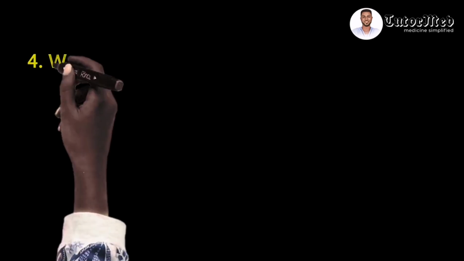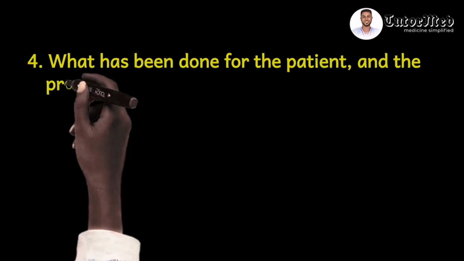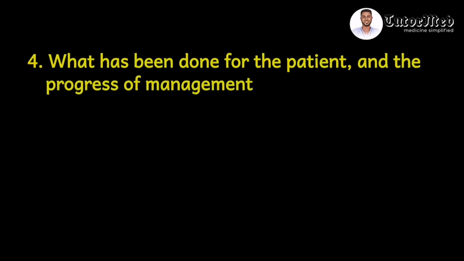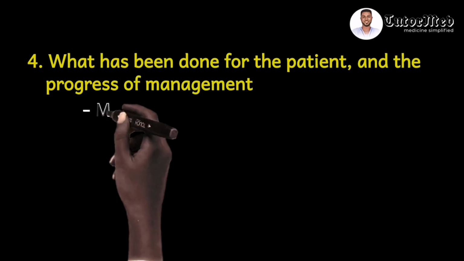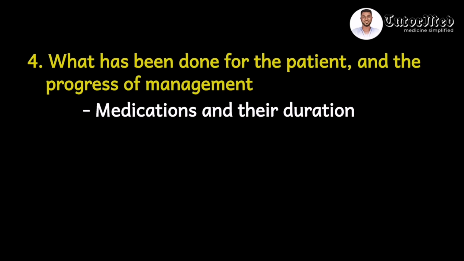Very good. And so after defending the diagnosis, the next tip, or the fourth step, is to come to the management of the patient's condition. What has been done for the patient since admission, and the progress of management. For the management, you mention the medications the patient has been on and the duration.